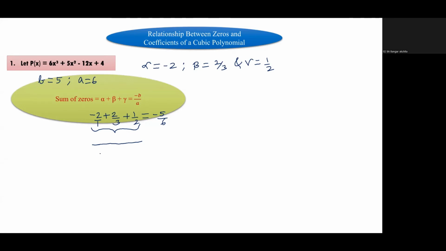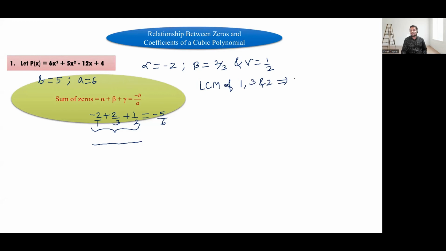So we will multiply minus 2 by 3, plus 2 multiply by 3, and plus 1 multiply by 2. Are you taking the LCM of the numerator or denominator? Denominator. What values are there in the denominator? 1, 3 and 2. What is the LCM of 1, 3 and 2? 6 is the LCM. So in the denominator 6 will come.